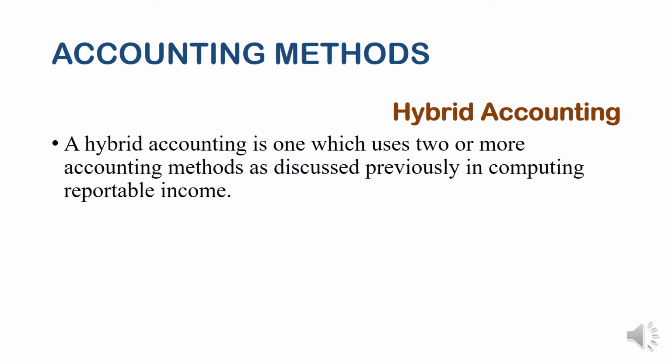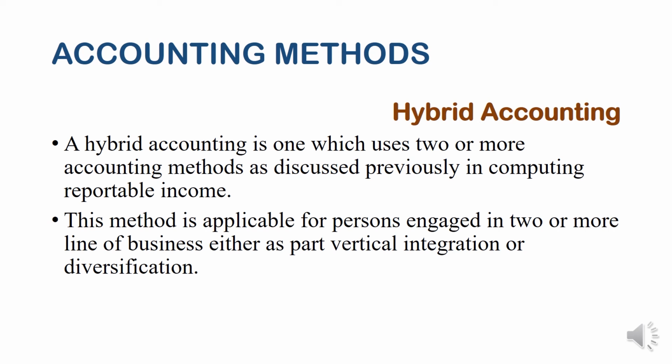Some taxpayers will have to report their income using three or four methods, and this is called hybrid accounting. This method is applicable for persons engaged in two or more lines of business, either as part of vertical integration or diversification. So if the taxpayer is engaged in selling and distributing goods or merchandise at the same time having a logistics business, then the cash and accrual basis would be appropriate.